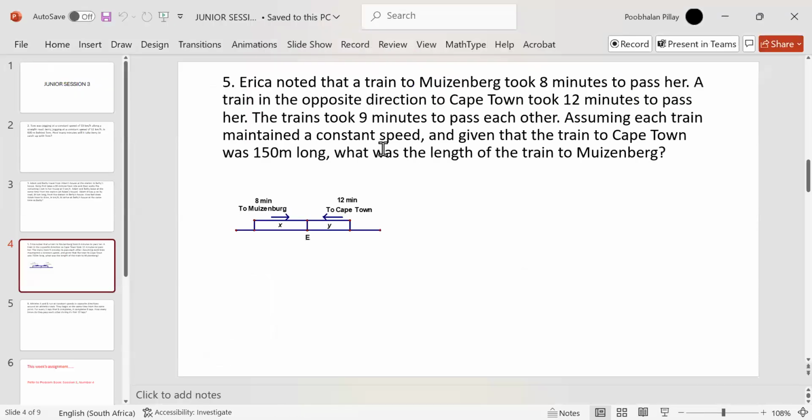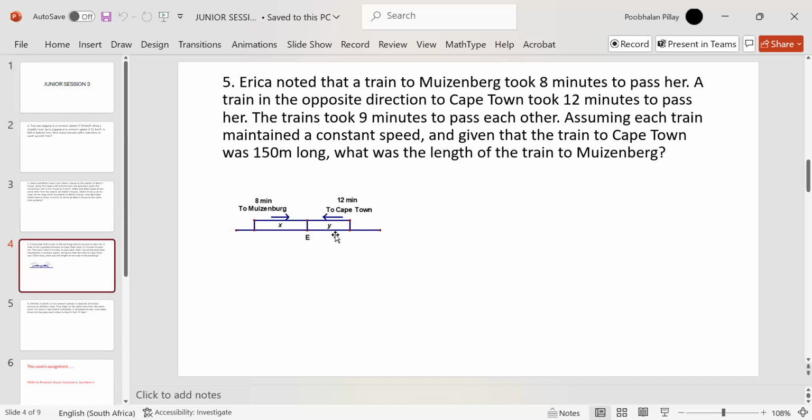Given that the train to Cape Town, no, that's y, right? y is 150 meters long. This was given. What is the length of the train to Muizenberg? I got an equation involving x and y, namely x is equal to twice y, and knowing that y is 150, that gives me x is 300 meters. So the answer to this question is 300 meters.